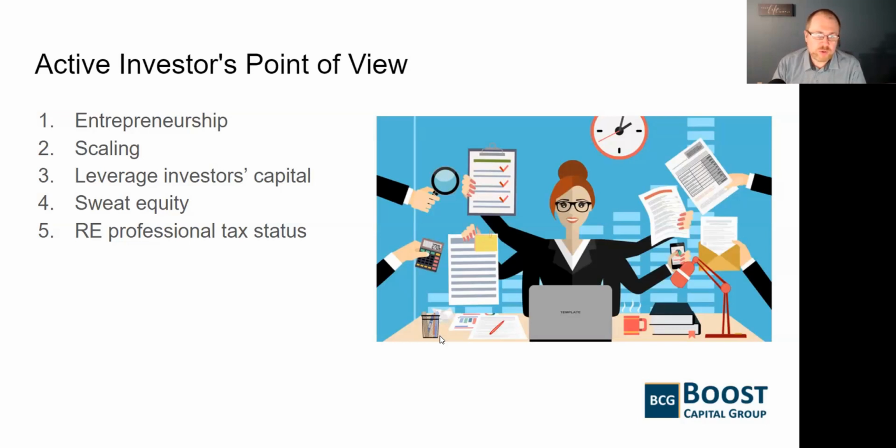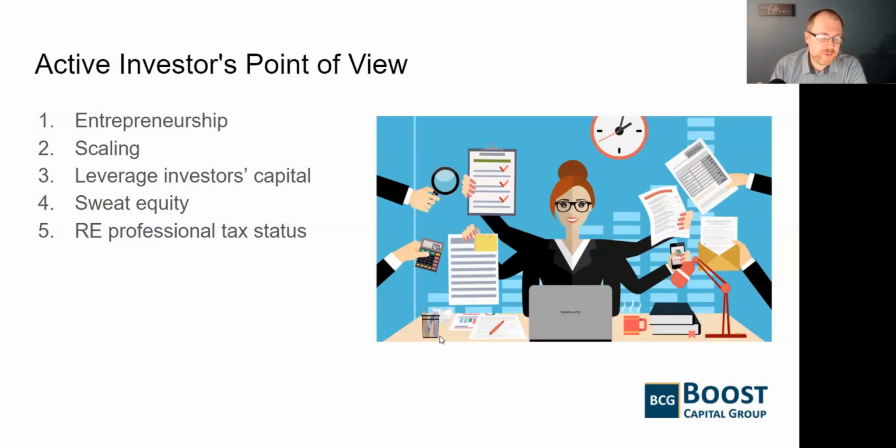I think it goes back to the scaling, to be able to buy larger properties. They're going to basically make their money through sweat equity, right? Because they're going to put in the work, put in the effort, and they're going to get a piece of equity that's the result of their work.